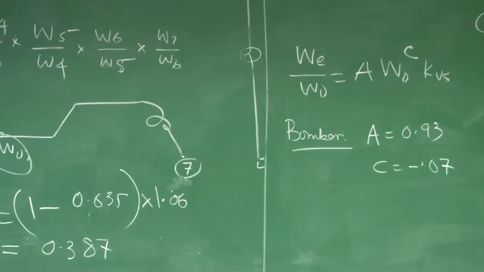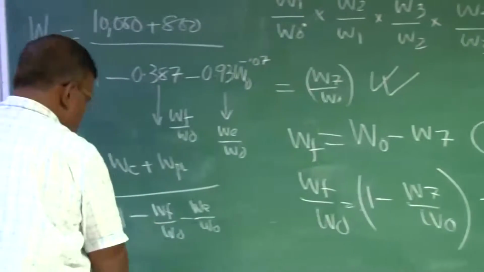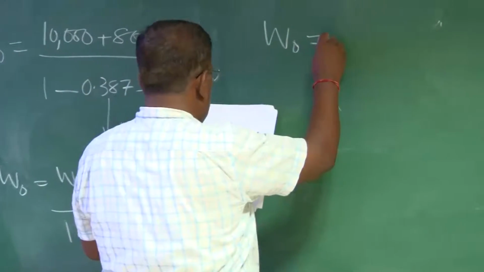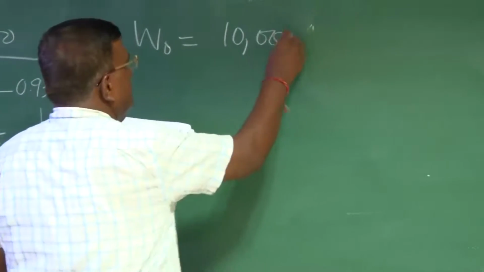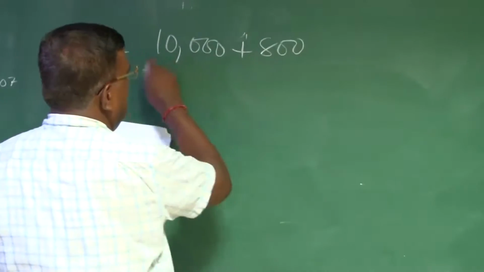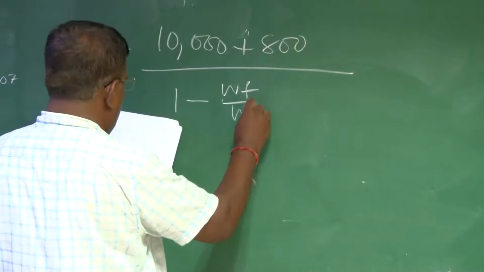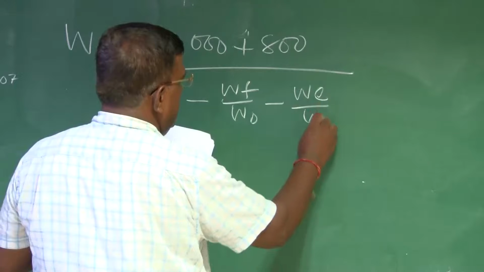So if I do this, then I can simply write here W0 equal to 10,000 plus 800 by 1 minus WF by W0 minus WE by W0.